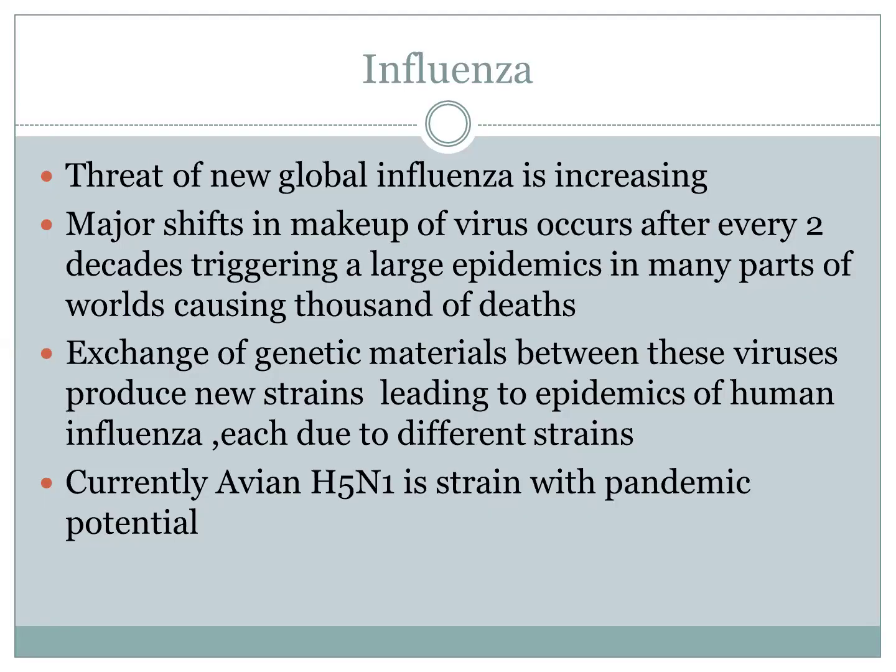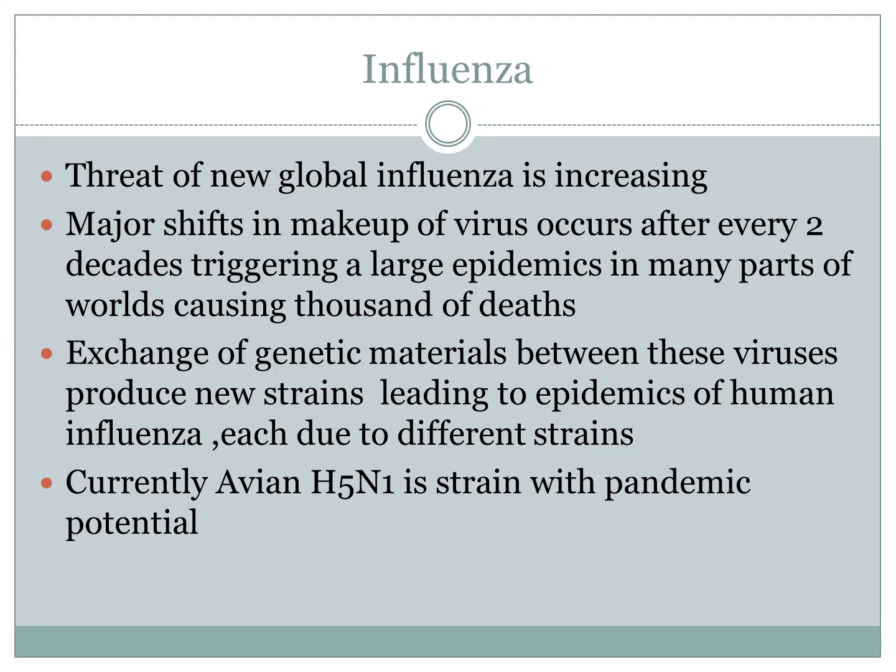Then influenza. The threat of a new global influenza is increasing. Major shifts in the makeup of the virus occur after every 2 decades, triggering large epidemics in many parts of the world, causing thousands of deaths. There is an exchange of genetic material between these viruses, producing new strains leading to epidemics of human influenza, each due to different strains.